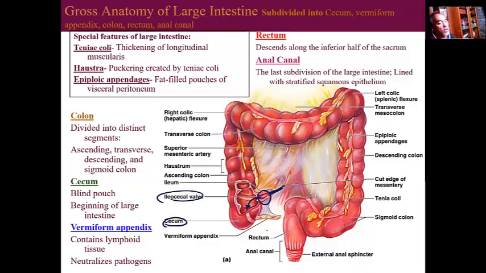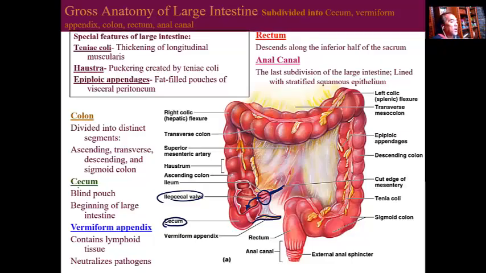That's the first structure where food now passes through the large intestinal tract. It's a blind sac where the ileum would dump its digestive products down into the cecum. Now, if you notice, there's a thing that dangles down at the bottom here called the appendix. So the appendix is located at the area of the cecum.